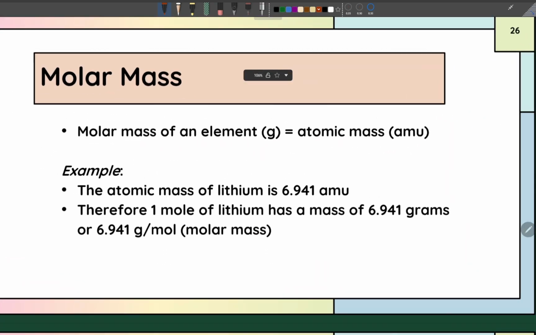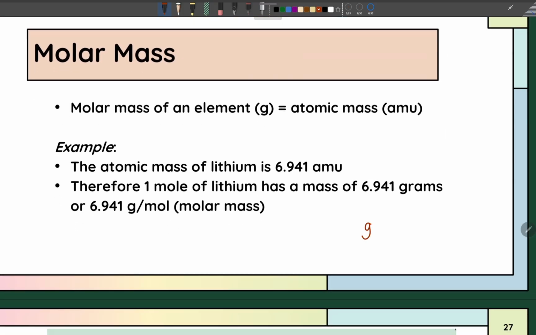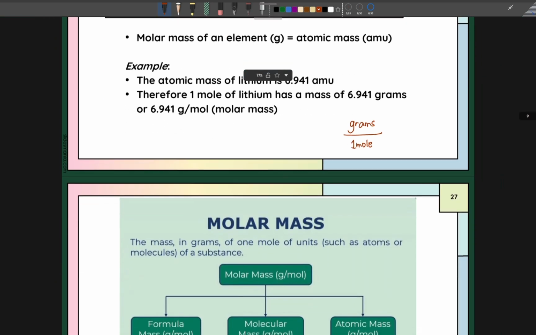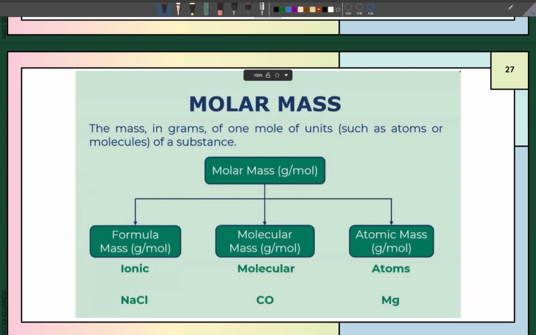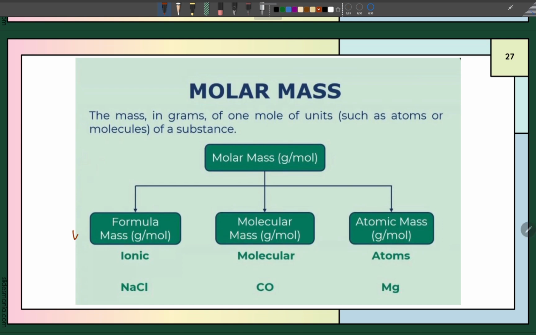Molar mass refers to the atomic mass of the element per mole. So the unit will be grams per mole. How many grams per 1 mole of a substance? That's why it's molar mass. The term molar mass is a general term for formula mass, molecular mass, or atomic mass.